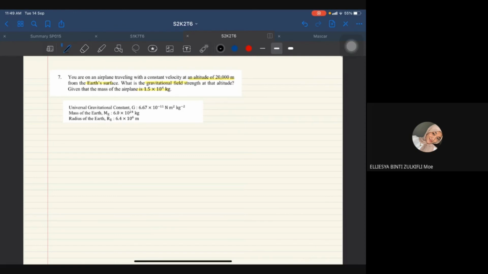Tukisan, how do you want to draw this one? Kamu ada Earth kan? This is your Earth. Okay. And then you have the aeroplane over here. Okay, they give you the altitude. Altitude ni distance from where to where?